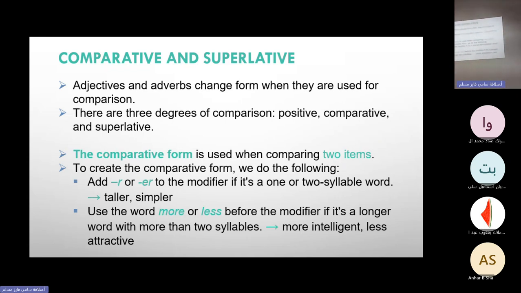Tall, taller. Strong, stronger. Or more attentive, less attentive. These are for when we compare two things. I am taller than my sister.